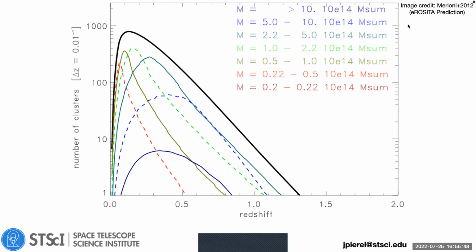This is an eROSITA all sky survey prediction of clusters, but you can see, the expectation is there's quite a few low redshift clusters, and so LSST, even just in its not all sky survey, will still find quite a few of these, and so 1 in 5 clusters, so you can sort of get the idea that will scale up.